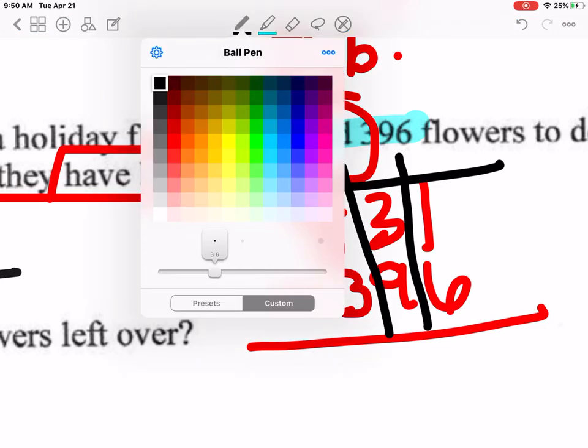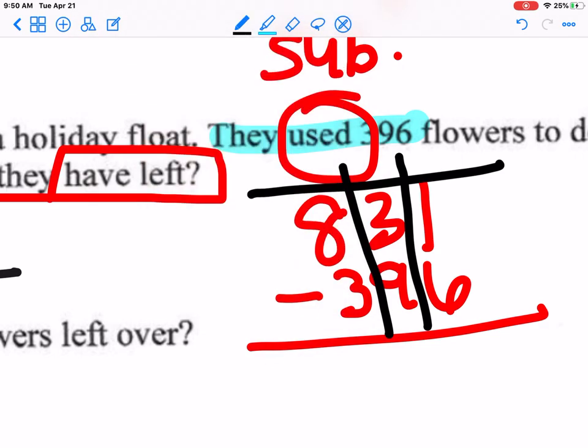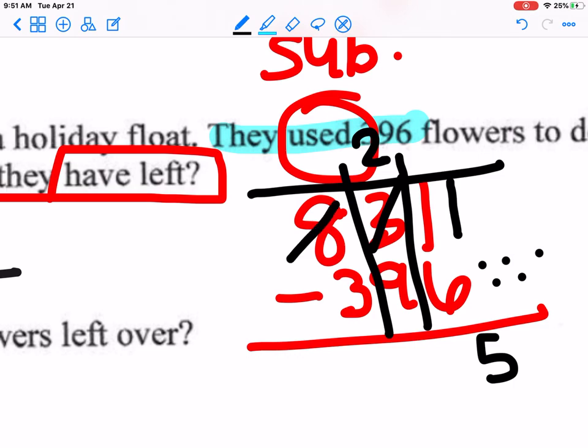Okay, look at your first part. 1 minus 6. Can I do that? No. So I take 1 ten from the 3. That becomes a 2. And the 1 now becomes an 11. 6, 7, 8, 9, 10, 11. So 11 minus 6 equals 5. 2 minus 9. Can I do that? No. So I take 1 from the 8. That becomes a 7, and my 2 becomes a 12.